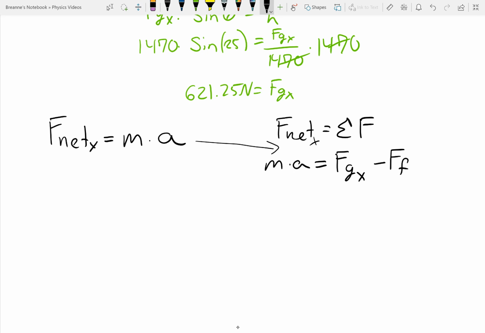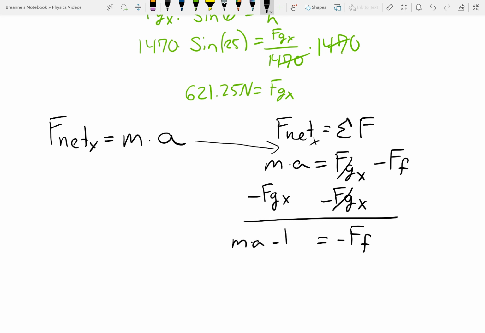Now we have everything but force of friction, so we want force of friction by itself. This is a positive, so the opposite is a negative. So you bring that over, and you have a negative force of friction equals MA minus your force of gravity in the x. To get rid of the negative, you can divide both sides by -1. So then you get your force of gravity in the x minus your MA.